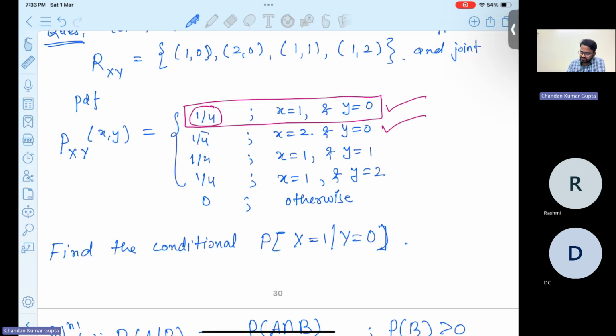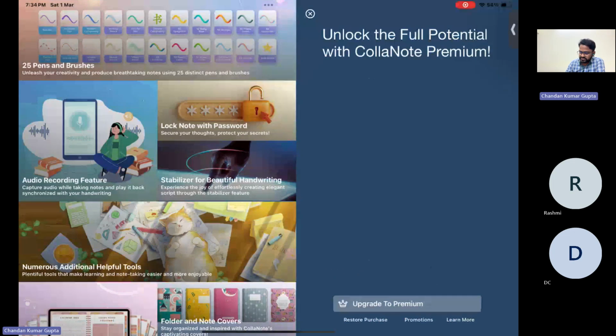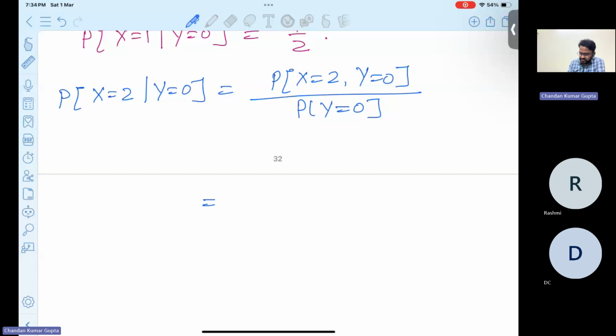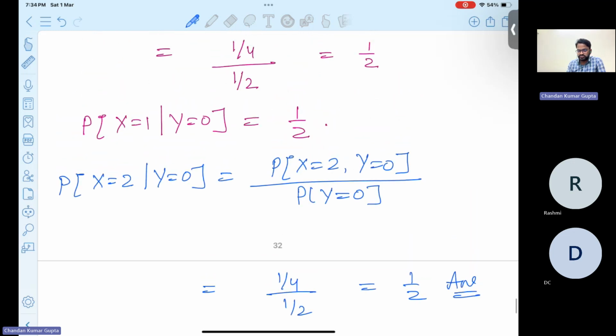So it is 1 by 4 divided by 1 by 2, which comes out to be 1 by 2. You can take the value of y at 1 if you want. Then we need to first calculate the marginal distribution of y at y equal to 1, and after that we can use those values in the denominator and solve the conditional probability.